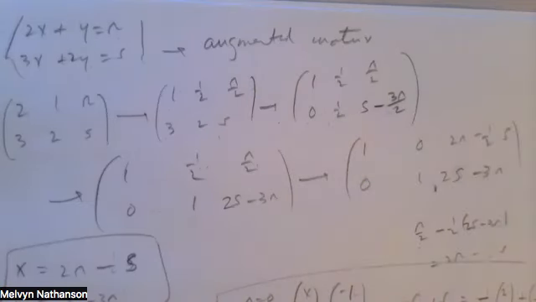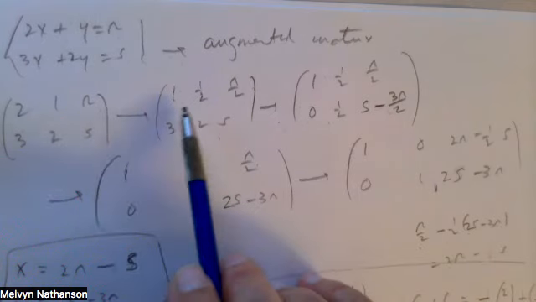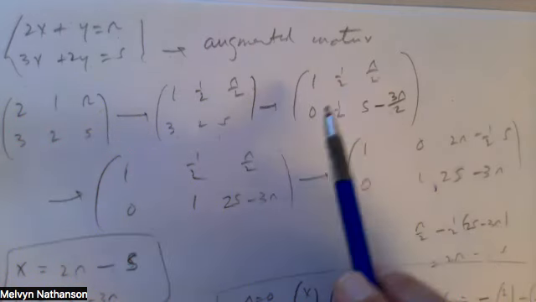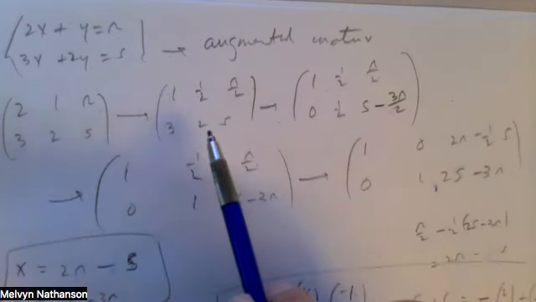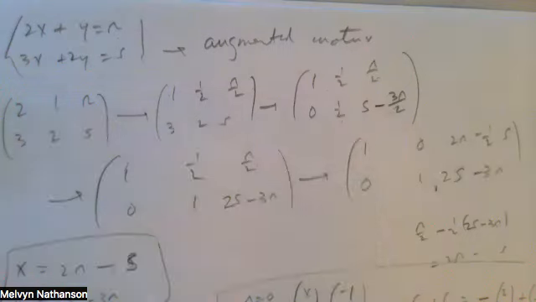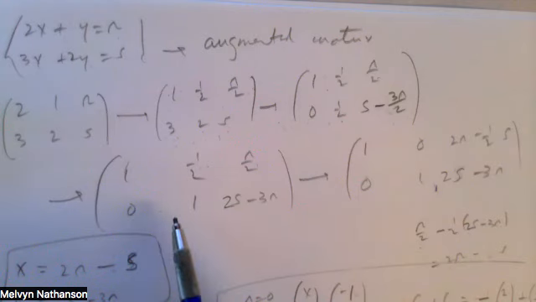So I have the vector 2, 3, the vector 1, 2, and I want to find a linear combination of them that equals the vector rs in general. So 2, 1, r, 3, 2, s. 1, 1/2, r over 2, 3, 2, s. 1, 1/2, r over 2, 3 minus 3 is 0, 2 minus 3 halves is a half, s minus 3r over 2. Multiply the second row by 2: 0, 1, 2s minus 3r.